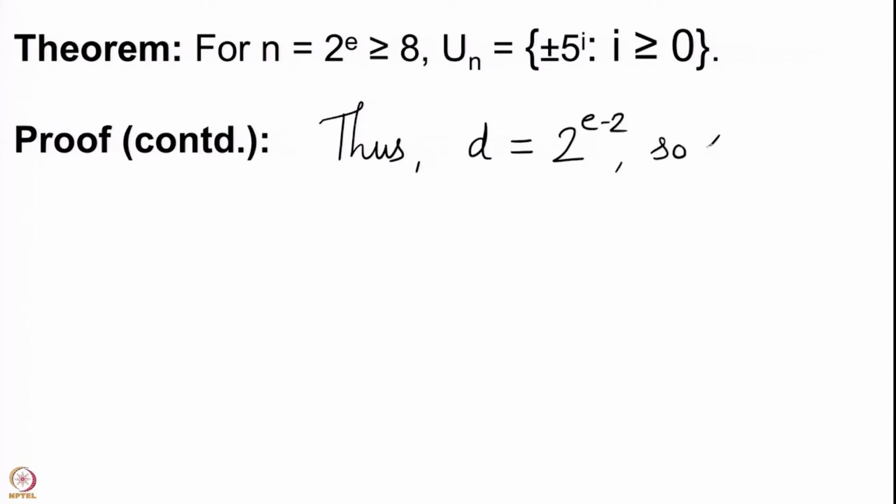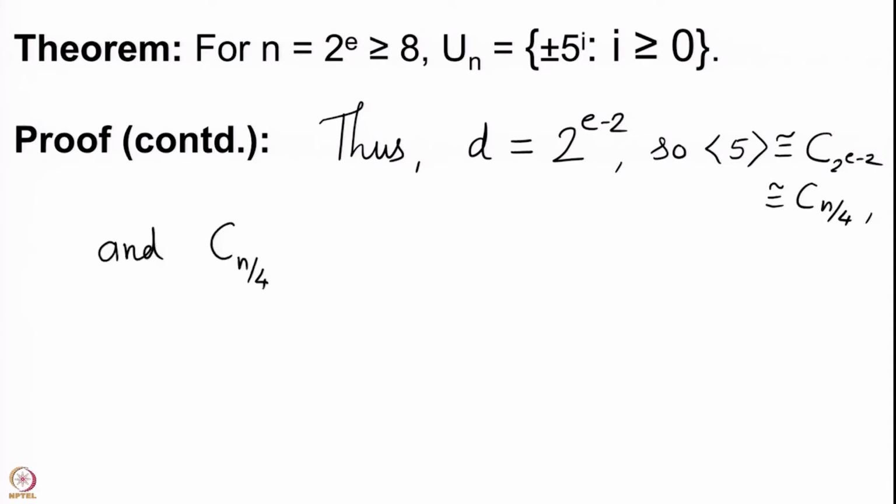So, the group generated by 5 is indeed a cyclic group of order 2 power e minus 2, which is same thing as cyclic group of order n by 4, and this C n by 4 has only the trivial intersection with our group C2, where remember C2 is simply plus or minus 1.